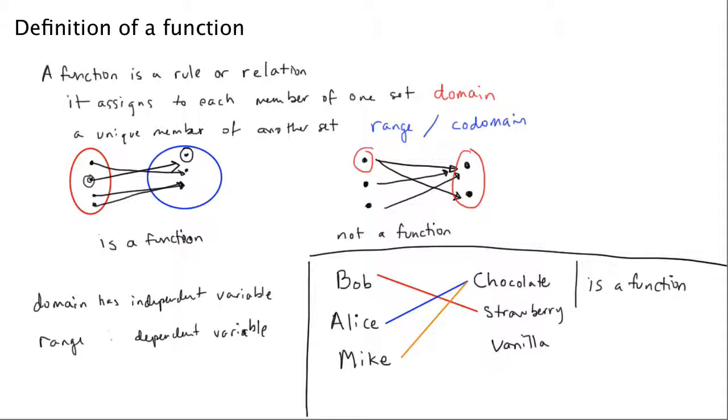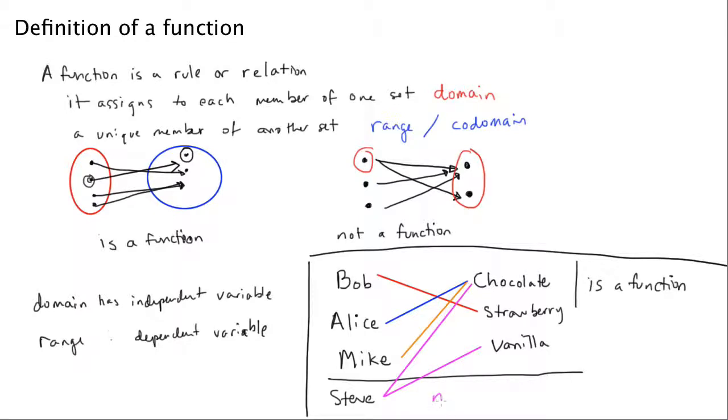Okay, so what would make this not a function? So let's add in a line here. And let's say that there's a fourth person that comes along, and Steve is a smart aleck and chooses both vanilla and chocolate.